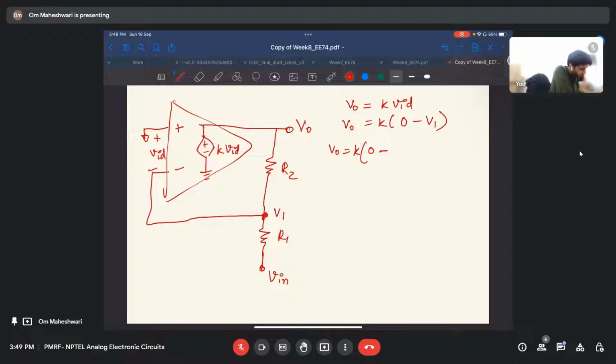So what will be V1? V1 will be, if we apply the superposition theorem, V in R1 by R1 plus R2 plus VO R2 by R1 plus R2.